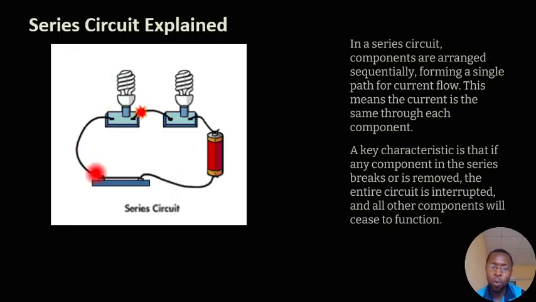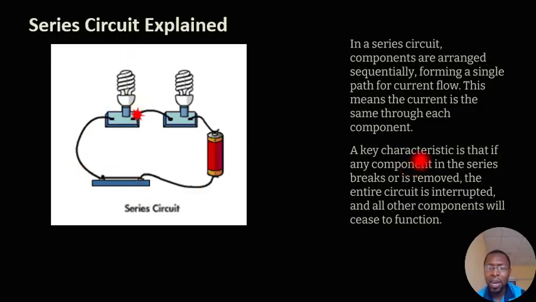You go through the connecting wires and then we take the current to the bulb and the next connecting wire takes it to the other bulb. This is the connection. The bulbs are connected end to end and then the same current flows through. So they form a single path for current flow. Current can only flow in one single path, like I've said earlier.